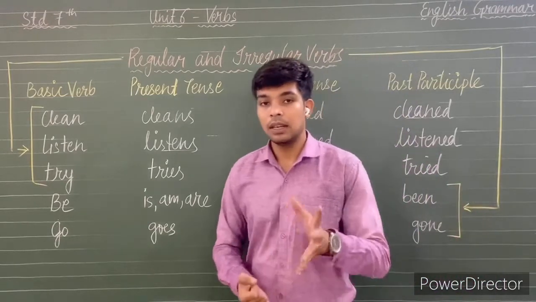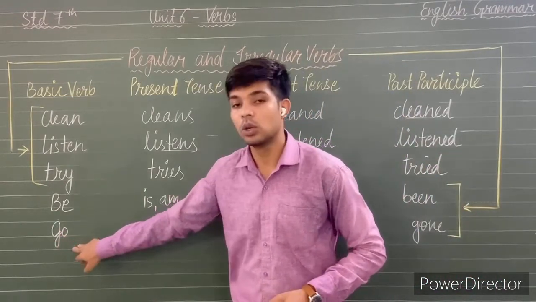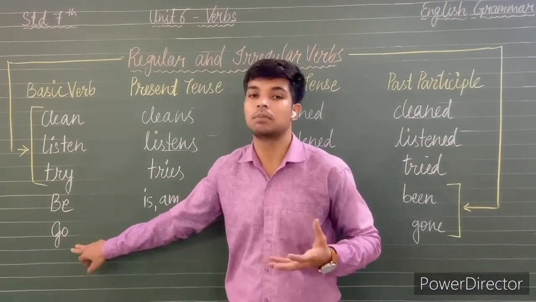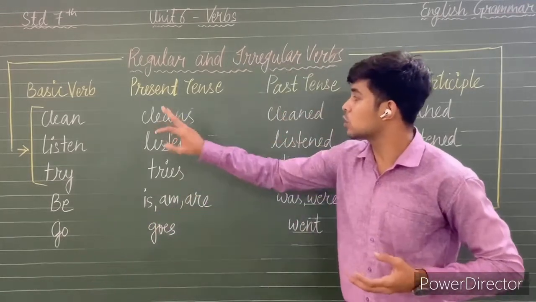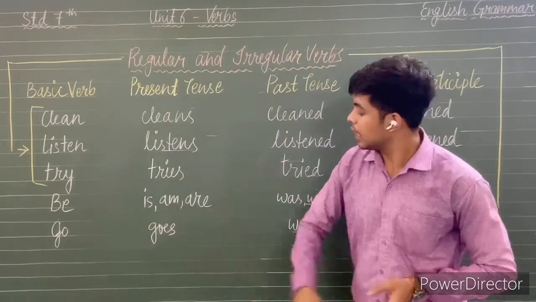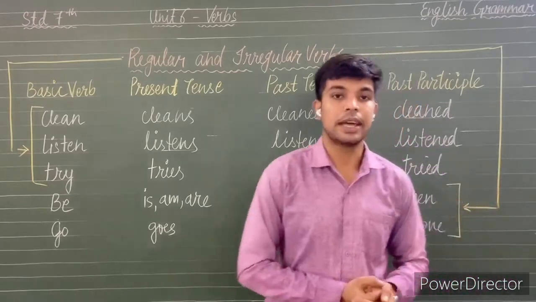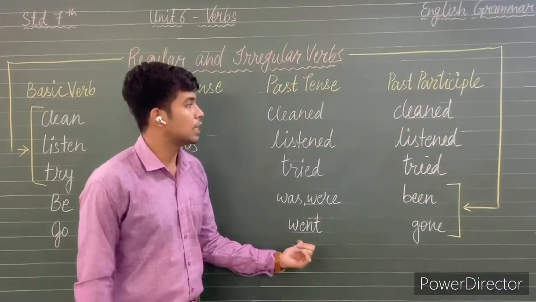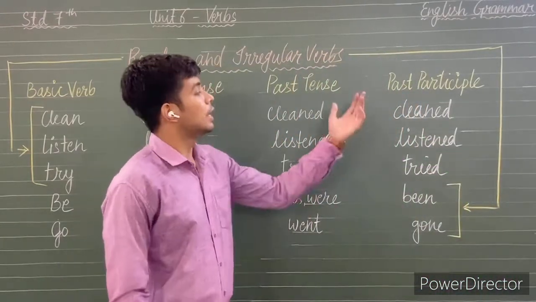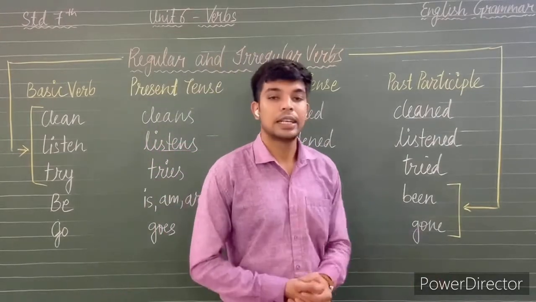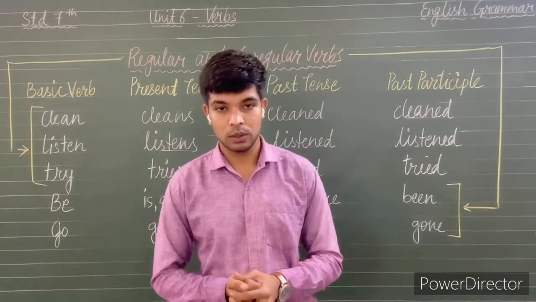Another example, like go. Go is the basic verb. When we use go in the present tense, it becomes goes. Then in past tense, it becomes went. And in past participle, it becomes gone.